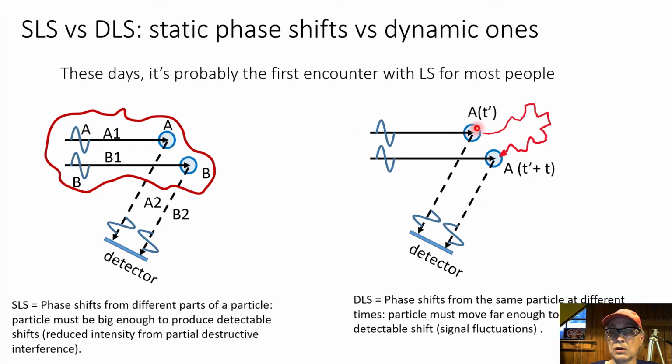Here they could be totally different, distinct particles. And they can be small because the distance really comes from the time that they're diffusing around. They change their distance, so the distance we need to see a phase shift is provided by waiting. And I mean W-A-I-T-I-N-G, a delay.